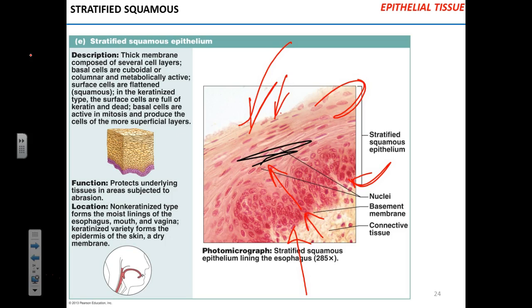Reproductive organs, especially the vagina. A lot of rubbing happens there. Okay? Seriously, it is exposed to the outside world, and there's abrasion force, so it's stratified squamous. Okay? Everywhere you think about abrasion forces, there you go. Some of the stratified squamous epithelium is keratinized.